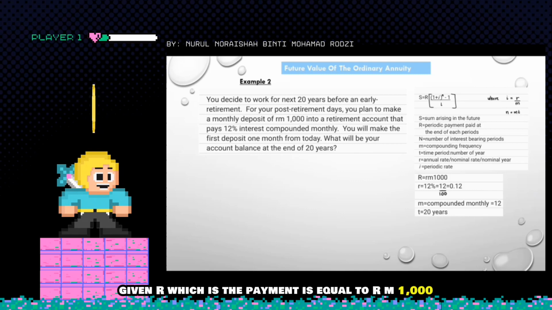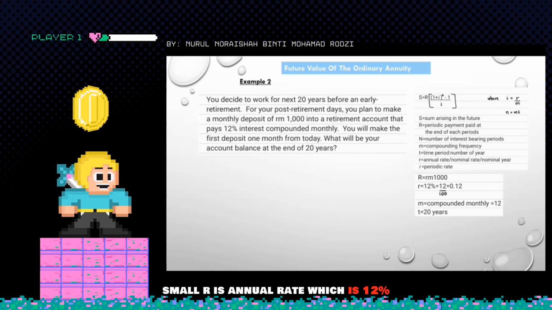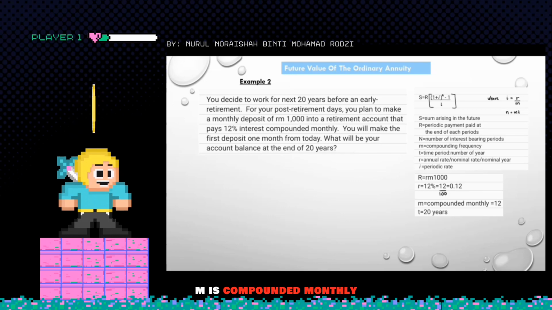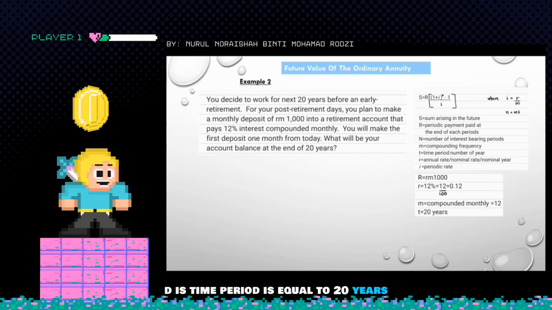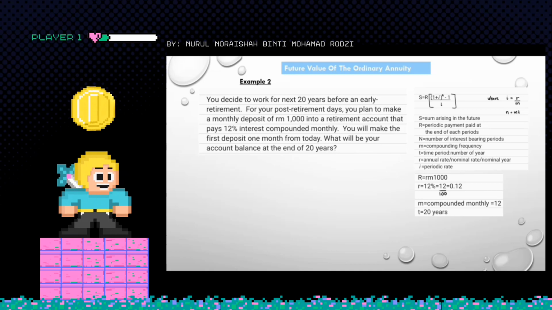Given R, which is the payment, is equal to RM 1,000, small r is the annual rate, which is 12%, and we convert it to a decimal, equal to 0.12. m is compounded monthly, which is equal to 12. t is the time period, equal to 20 years.